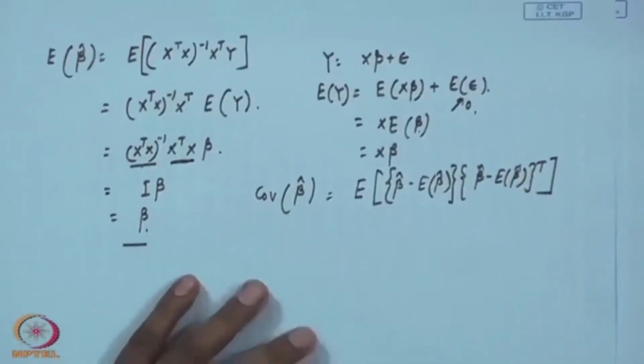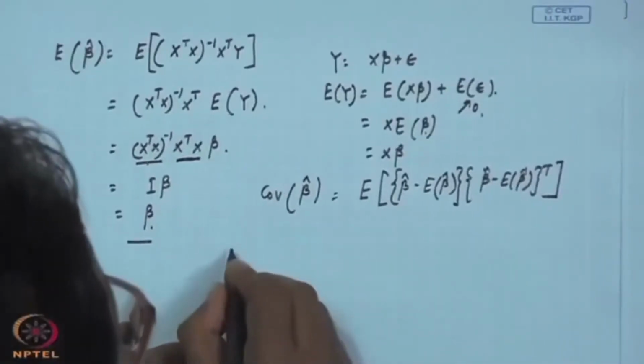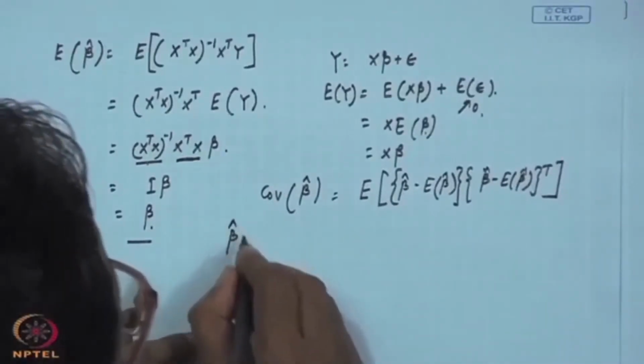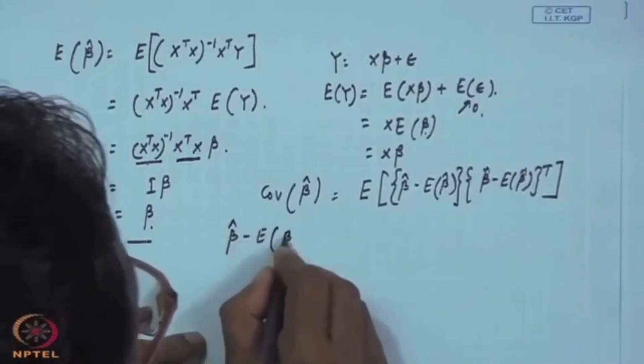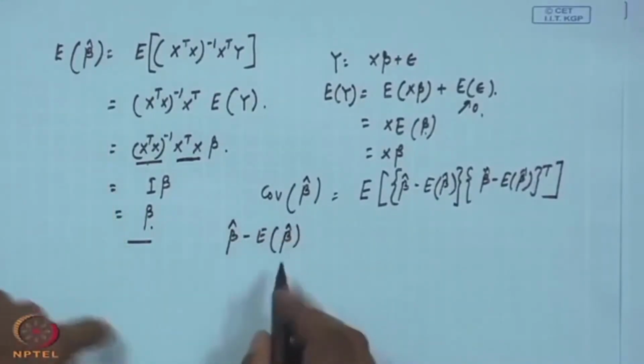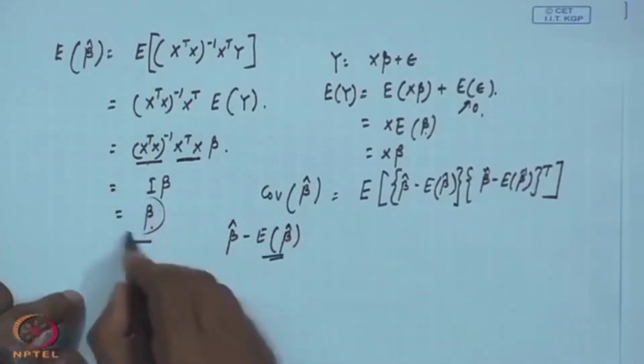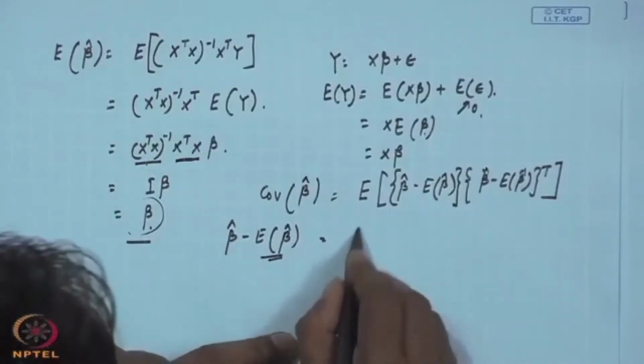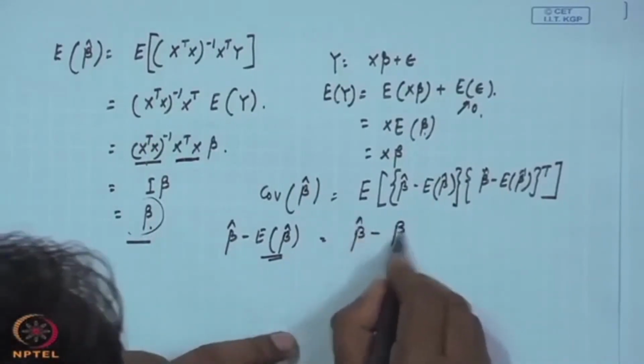We have seen this earlier. Now what is beta cap minus expected value of beta cap? Expected value of beta cap is beta. So this can be written like this: beta cap minus beta.